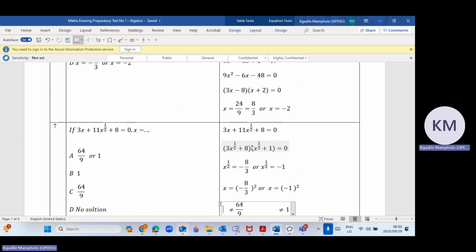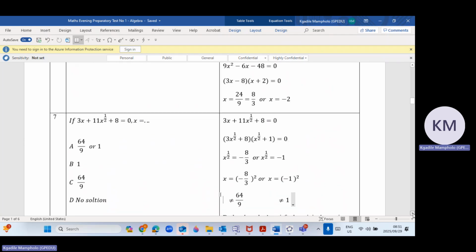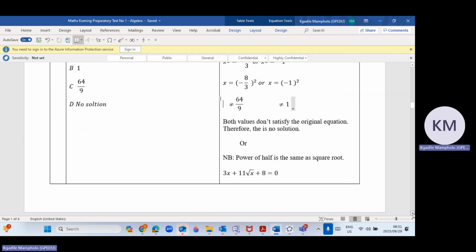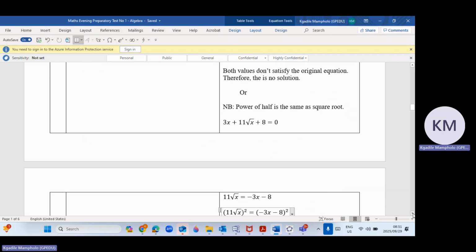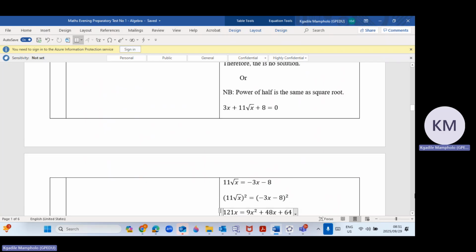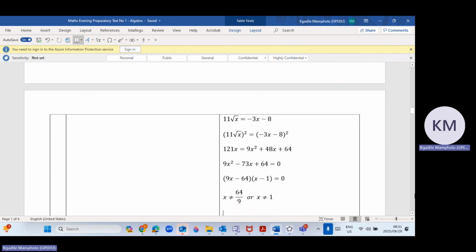So remember, x to the power half is the same as the square root. In the alternative method, you can just change x to the power half to be the square root of x. Then when it's a square root, you isolate the square root, square both sides, then you get the same answer.